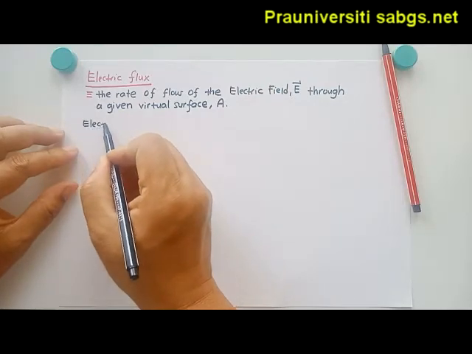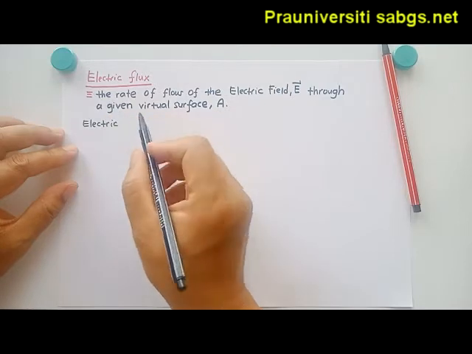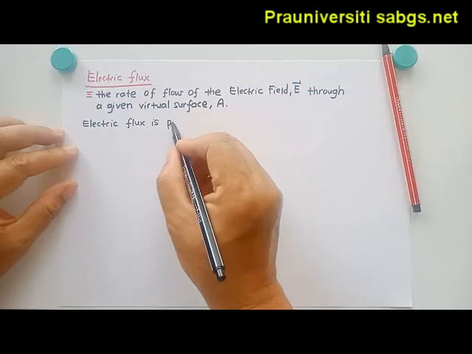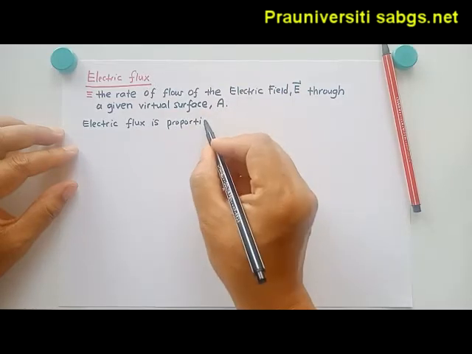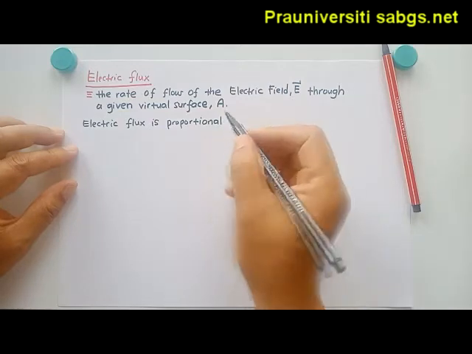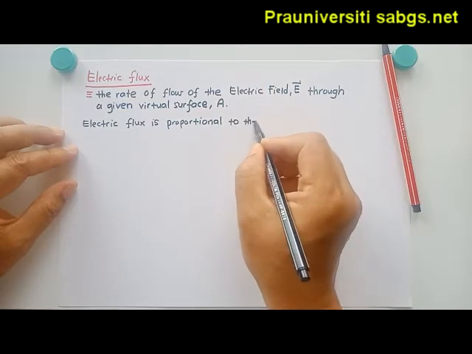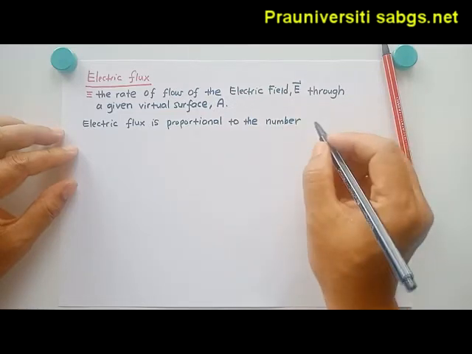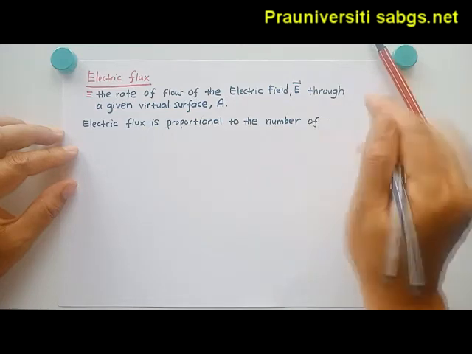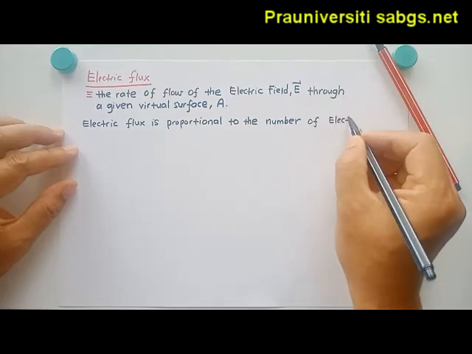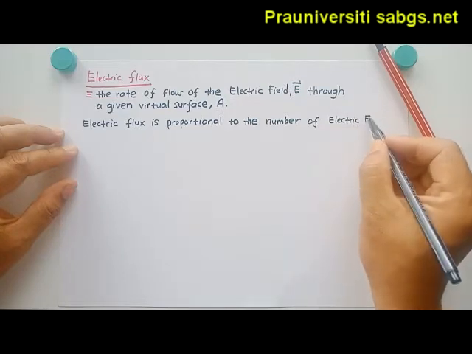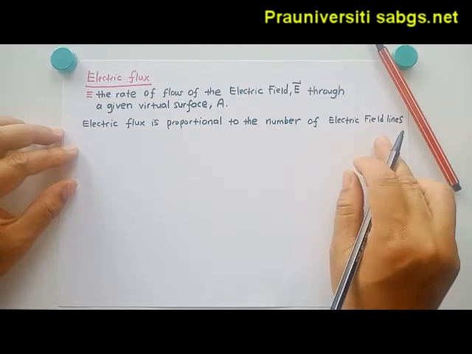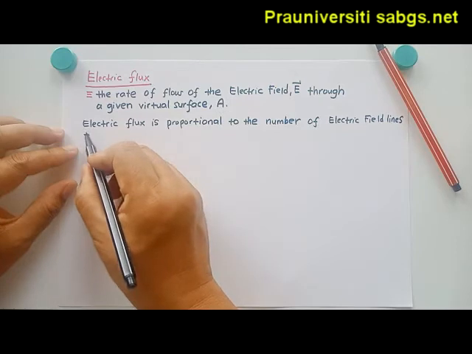So the electric flux is proportional to the number of electric field lines through a virtual surface.